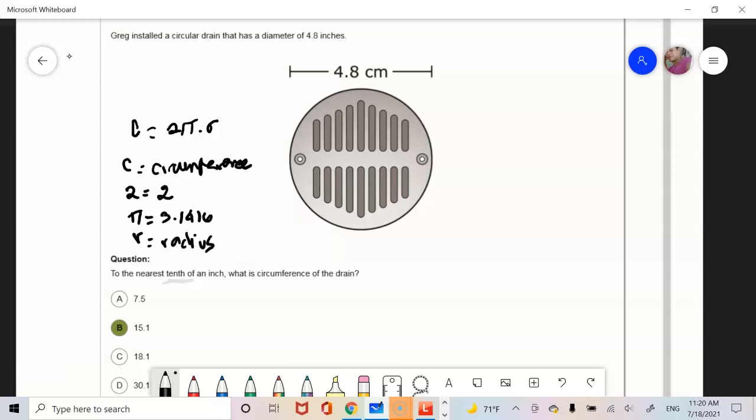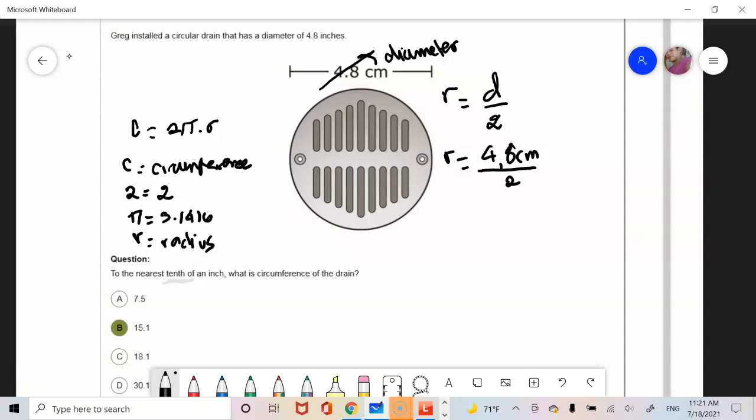Okay, in this case you don't have the radius, you have the diameter. This value here is the diameter. So you need the radius. So how can you calculate the radius with the diameter? The radius is equal to half of the diameter, or the diameter divided by 2. In this case, the radius is going to be equal to 4.8 divided by 2.